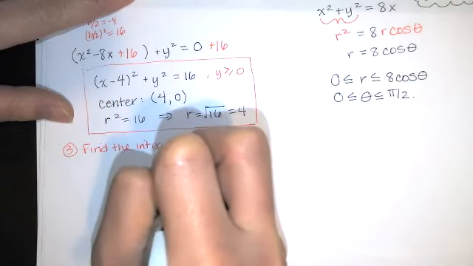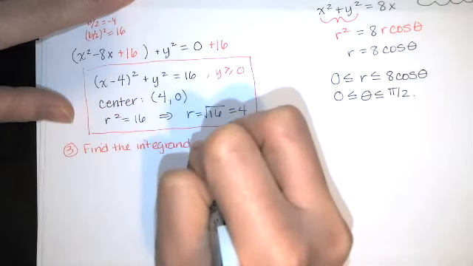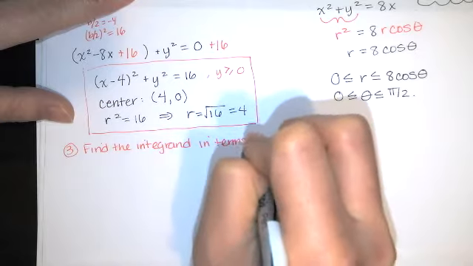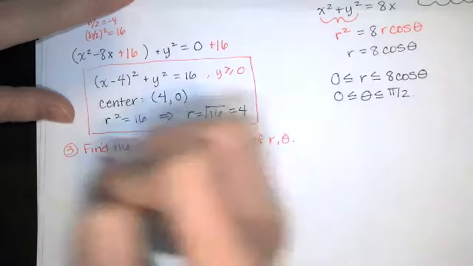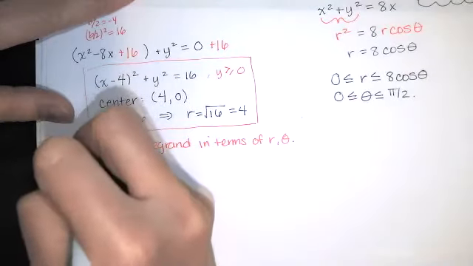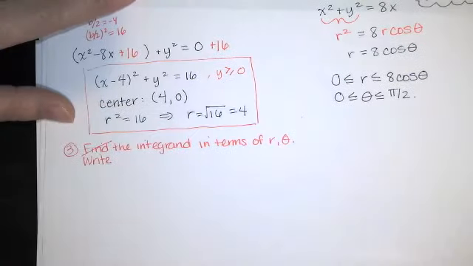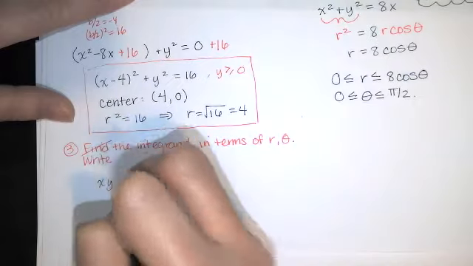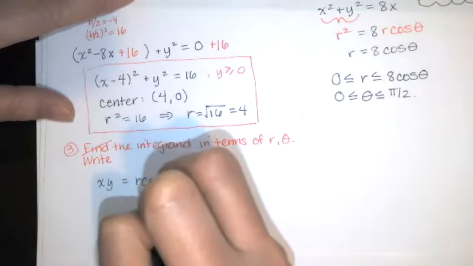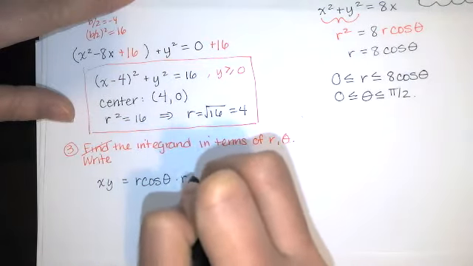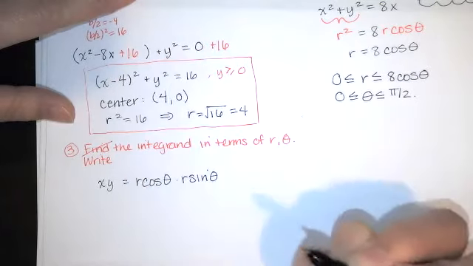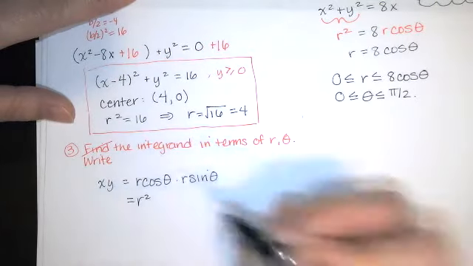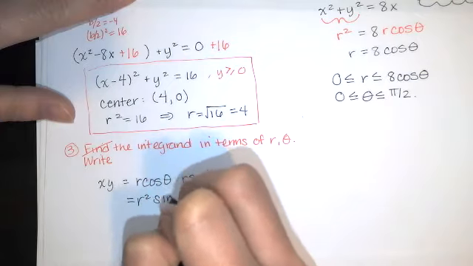I'm going to write the original integrand in terms of r and theta. So we're given xy, and x is r cosine theta, y is r sine theta. So you just substitute those in and simplify. You get r squared sine of theta cosine of theta.